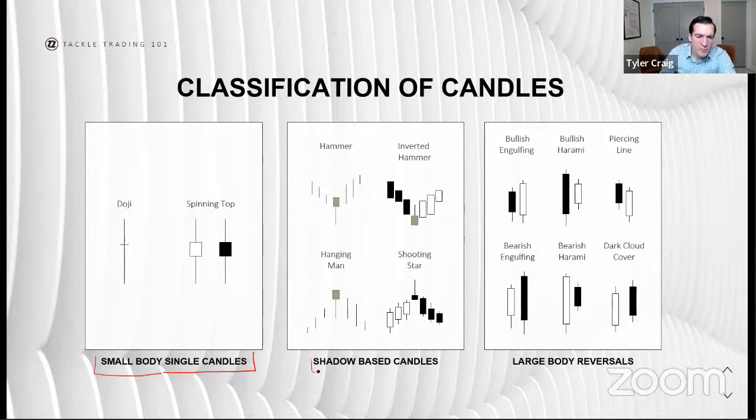Then you have shadow-based candles, which I would call wick-based candles, right? Some kind of wick at the top or the bottom that implies a bullish or bearish signal. And then you have large body reversals. Bigger candles, maybe have a little more oomph, a little more emphasis. There's a variety of those as well.